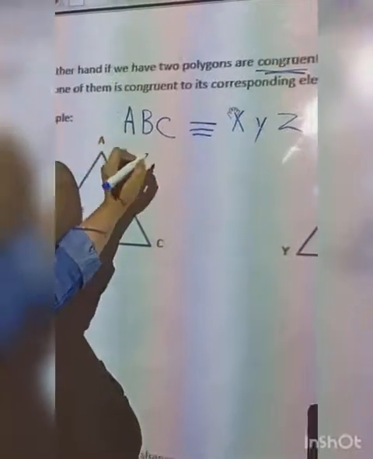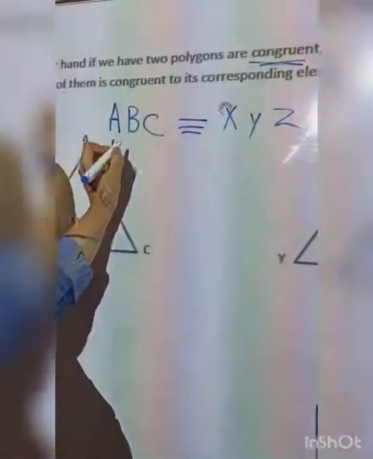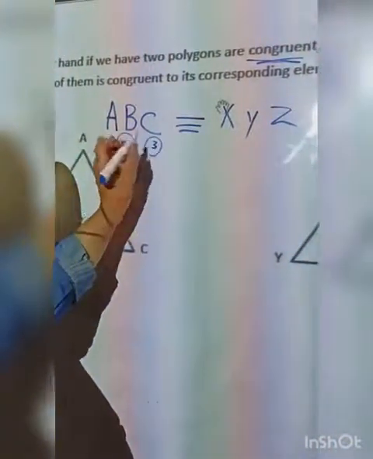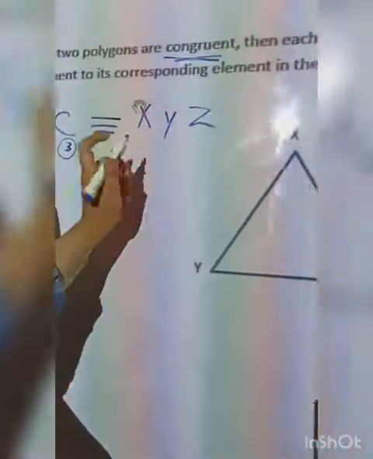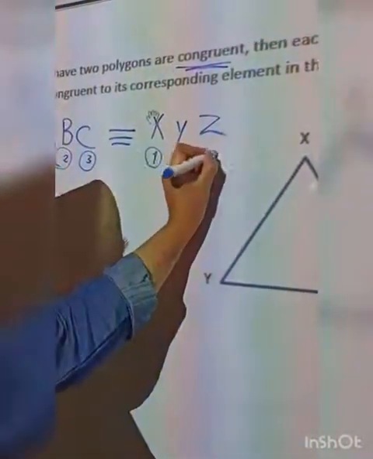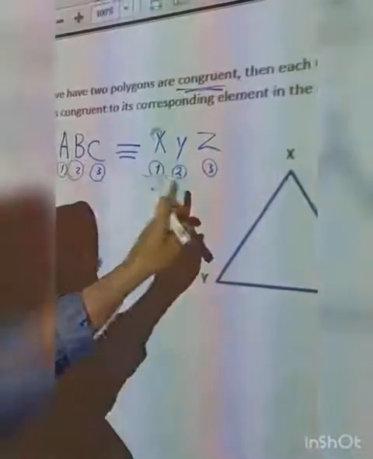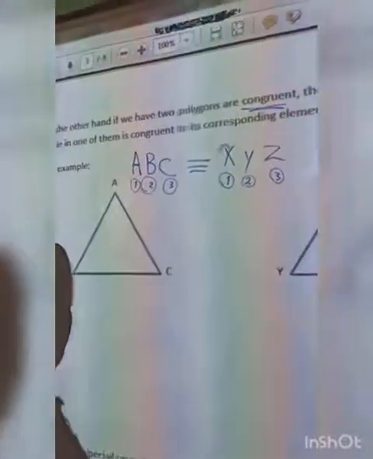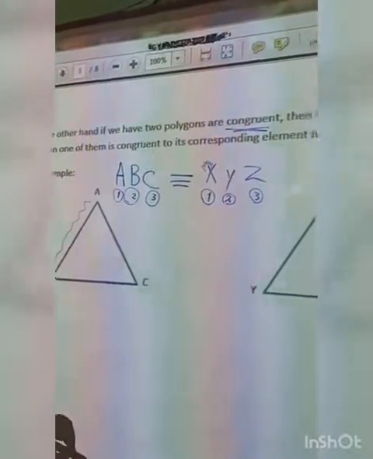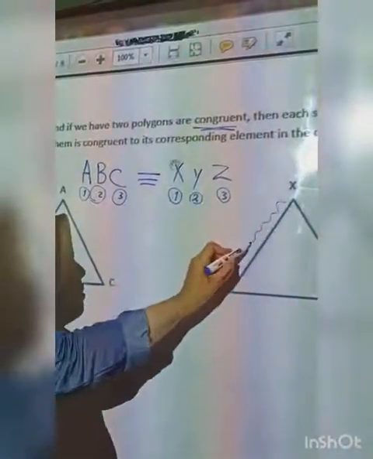I mean, if we number the letters 1, 2, 3, and in the other polygon XYZ 1, 2, 3, because we have 3 letters here and 3 letters here, we get that the side AB corresponds to the side XY.